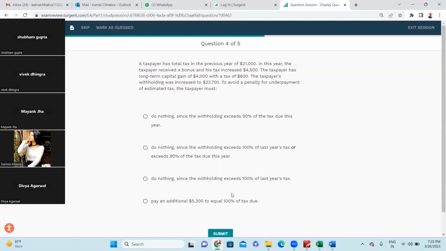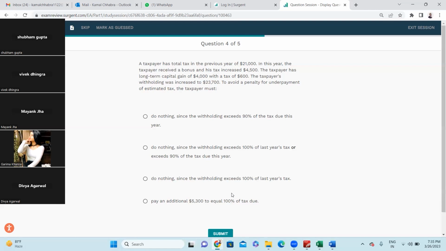What should he do? So the call of the question is, first let's understand the question. A taxpayer has a total tax in the previous year of 21,000, right? In this year, the taxpayer has received a bonus and his tax has increased by 4,500. That means, what is the total tax liability? 21,000 plus 4,500.